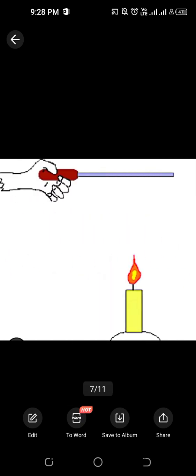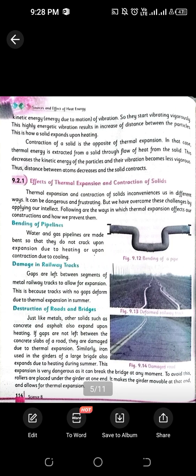Clear? So the first idea used to prevent the effect of thermal expansion is the bending of pipelines. By bending these pipelines, we prevent the cracking and the bursting of the pipes. Clear?